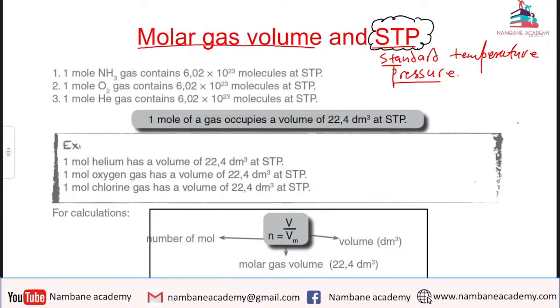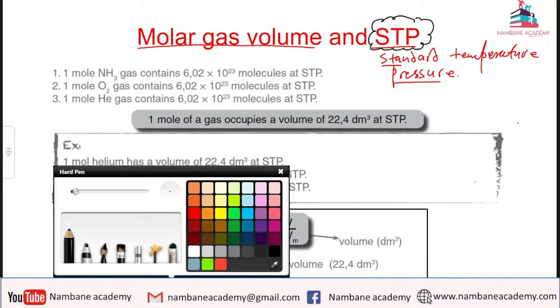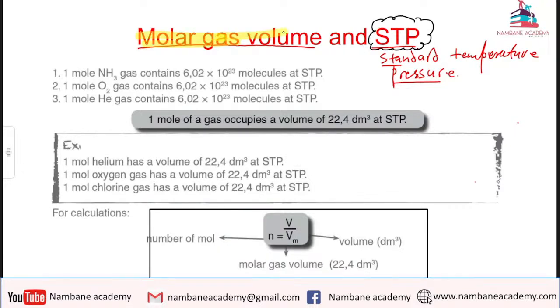So once it is at STP, ladies and gentlemen, we will be able to use what we call molar gas volume. What is molar gas volume? Molar gas volume, ladies and gentlemen, is basically a volume of a gas at STP. But that volume of a gas is represented by 1 mole. Hence the word molar gas volume.